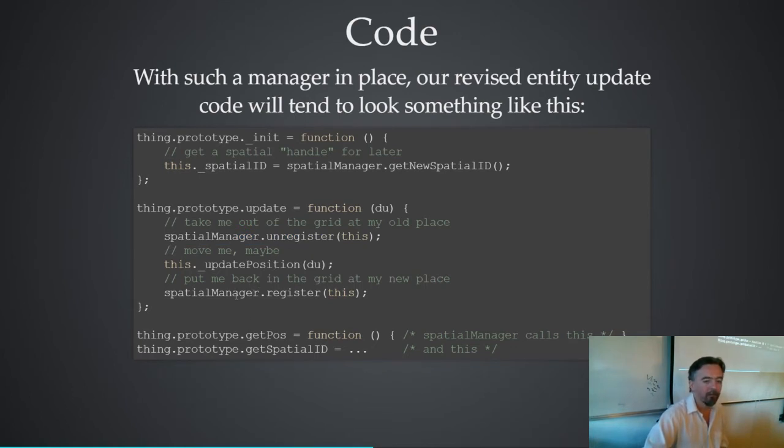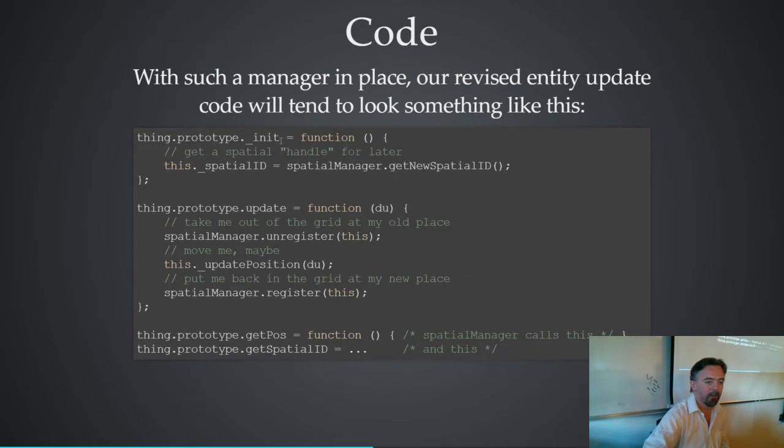There's a little bit of work involved in doing this. In the system that I've come up with, the idea is that in order to talk to the Spatial Manager, you need to have a way of letting the Spatial Manager quickly update its data structures about the entities. And I've decided that a good way of doing that is to give every object a unique spatial ID that can be used to track them. It just turns out a fairly easy way of doing it.